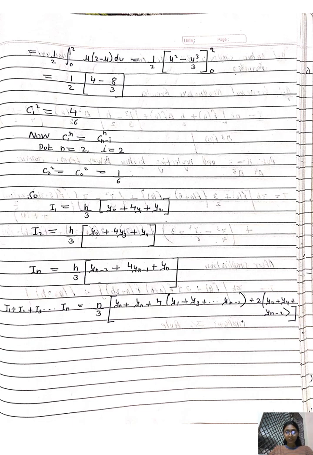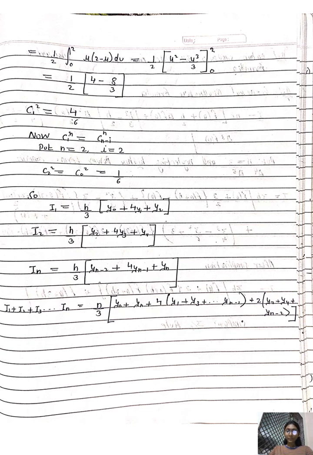So I1 is h by 3 y0 plus 4 y1 plus y2, I2 is equals to h by 3 y2 plus 4 y3 plus y4, and In is equals to h by 3 yn minus 2 plus 4 yn minus 1 plus yn.